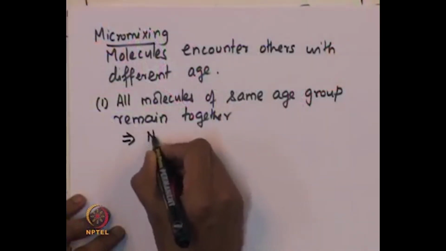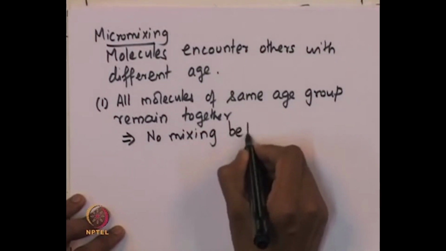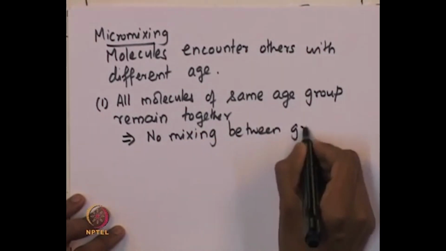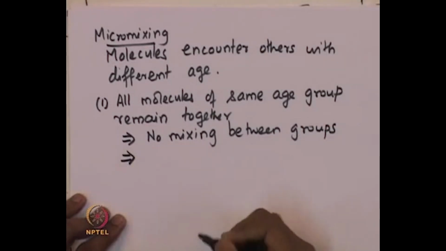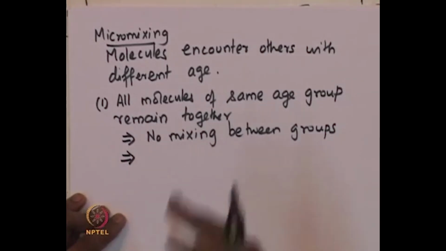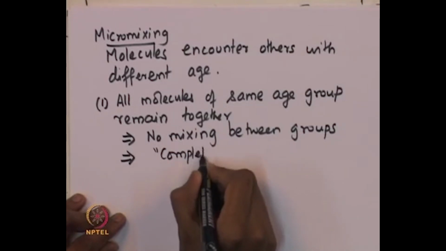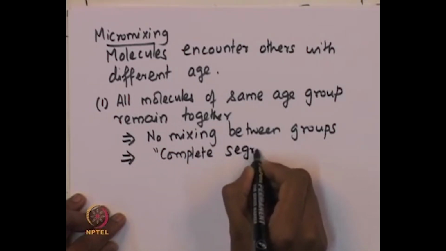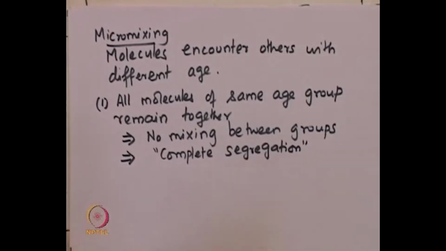So, this means that there is no mixing between groups, and this state of the fluid where there is no mixing between groups is what is called a complete segregation system, where fluid particles of different age are completely segregated and not interacting with each other.